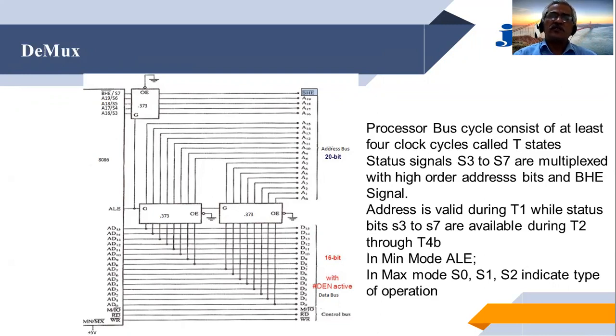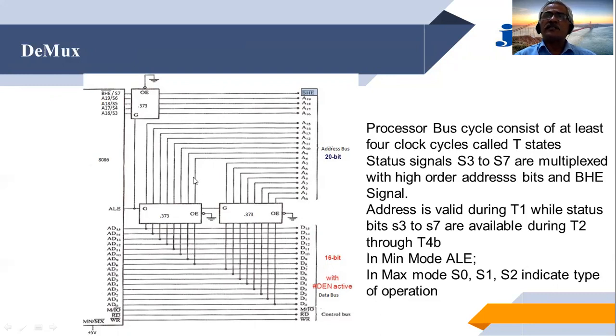So how is this done? You can see here that we require latches to latch the address at the output of the latches. Since the address is 16-bit, and if you wish to use a latch such as 8282 or 74373, which are basically 8-bit latches, you require a number of them. Since they are 8-bit latches, we would require at least 3 latches, because we have the 20-bit address. Shown at the bottom are the 2 latches which demultiplex the address A0 to A15.